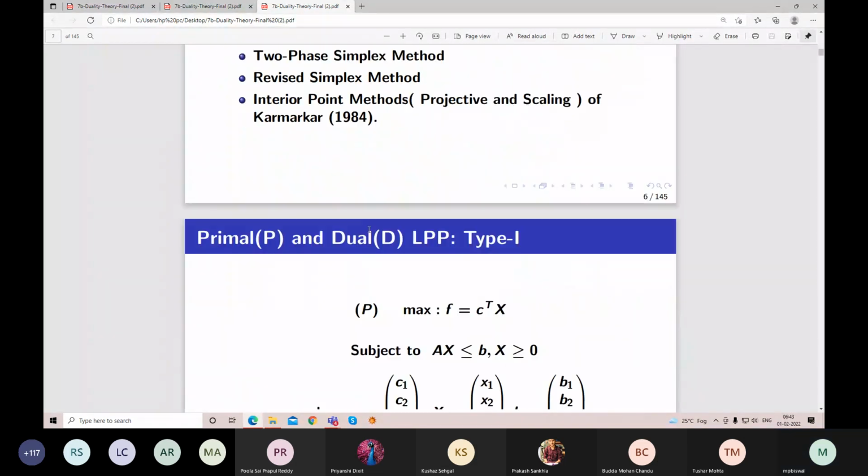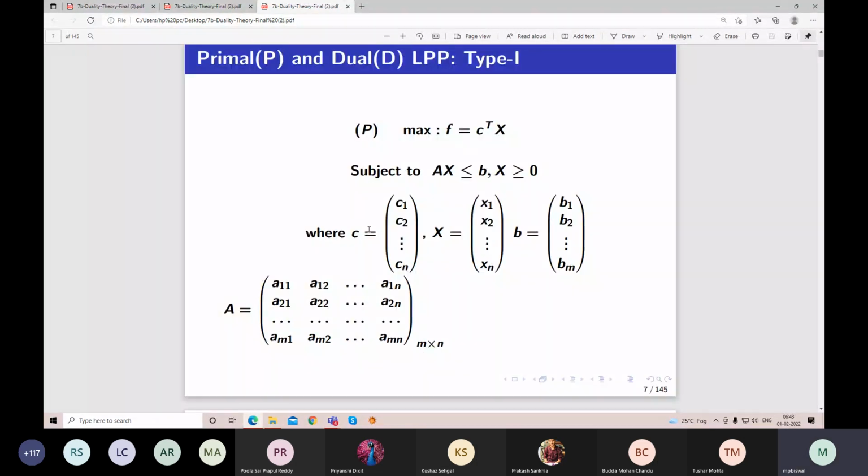So this is the problem in the matrix format. This is the maximization type problem. The constraints are less than or equal type, and the decision variables are non-negative. There are m constraints and n variables. This is a symmetric problem. If the primal is symmetric, the dual is symmetric. But the second, third and fourth cases are not symmetric.